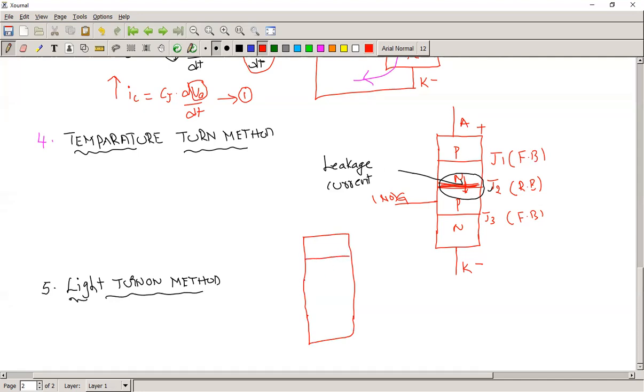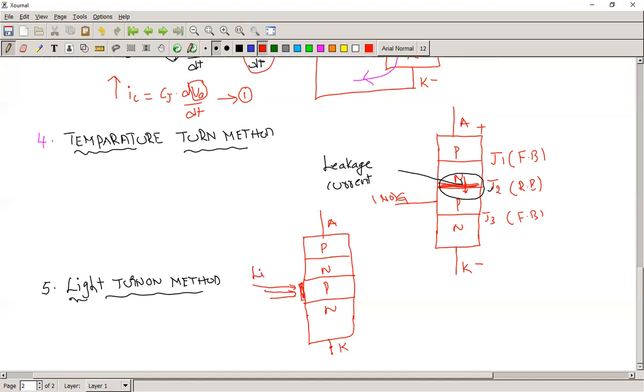P N P N. This is anode. This is cathode. No gate terminal is there. Here one material is there, by means of which we can make light fall into the inner P region.